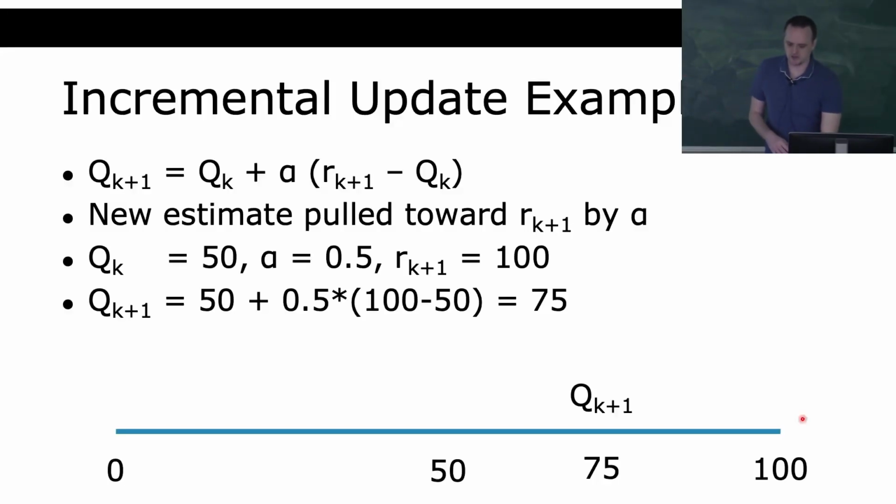Now, typically what you'll see in practice is you want to prevent these really large swings in your value estimate. You wouldn't want it to be 1,000 on one time step and then minus 1,000,000 on the next time step. So typically, this alpha, when it comes to machine learning, is called the learning rate. The learning rate is like, how fast do I want to learn that this is the new value?